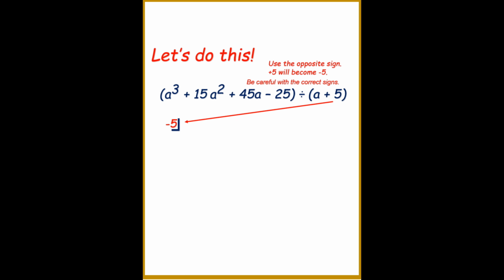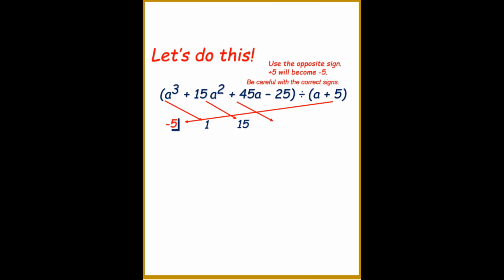The next step is you write the numbers. Like this one, there is 1, and in the second one we have 15. What's the third one?